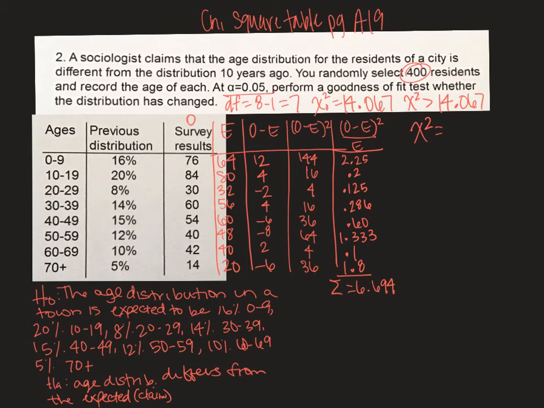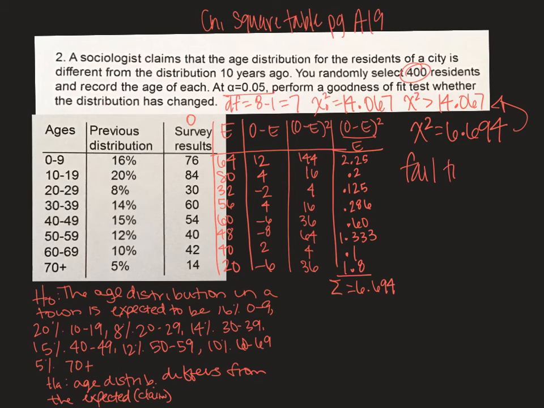So that test statistic is 6.694, which is not greater than our rejection region. So 6.694 is not greater than 14.067.